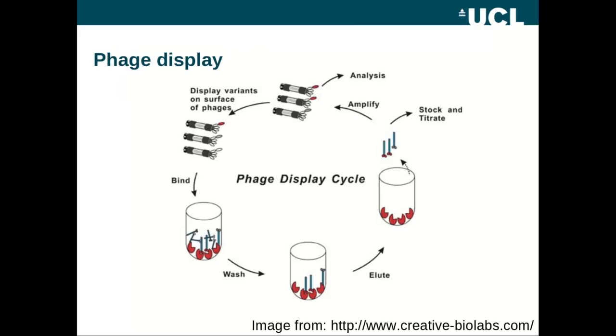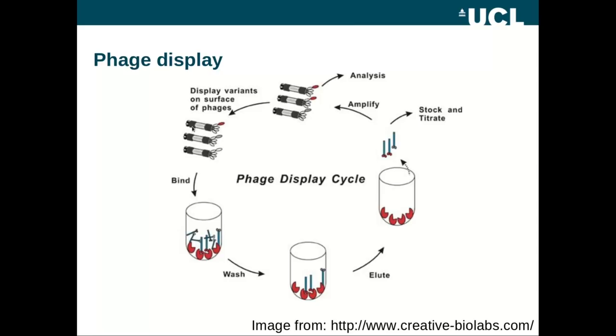So what we do here, with antibodies at least, is that we produce single chain FVs, which I talked about earlier, and we have DNA that encodes a whole library of millions of different single chain FVs. And that library of DNA is inserted into bacteriophage.